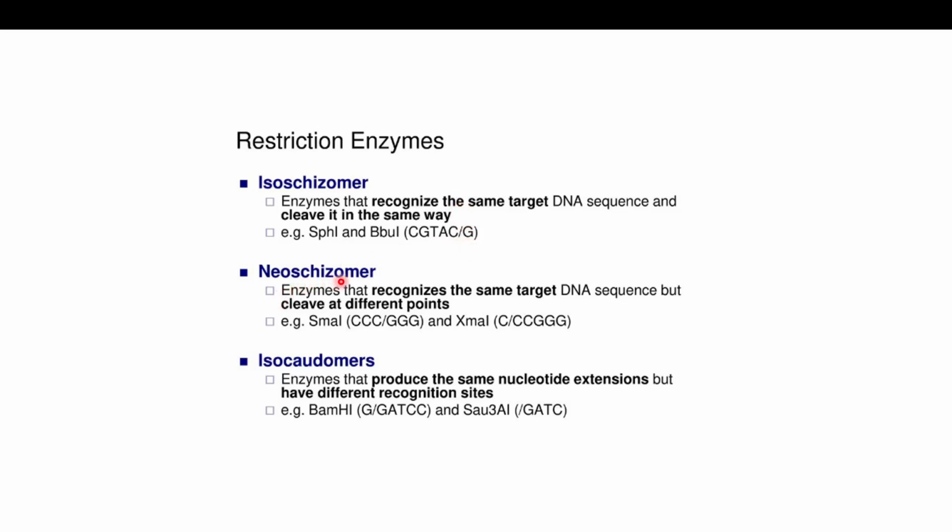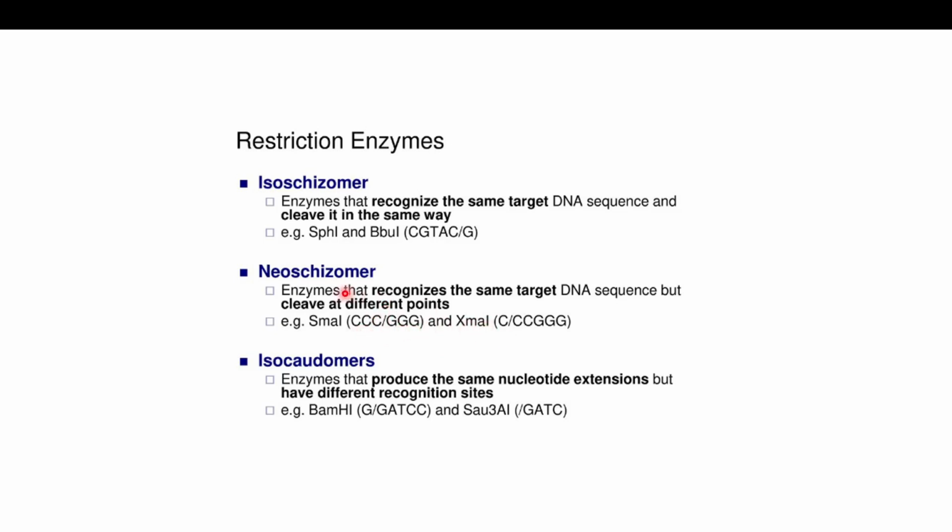Then there are neoschizomers, which are enzymes that recognize the same target nucleotide sequence. However, they actually cut at different sites. Like SmaI cuts between C and G exactly at the middle, generating blunt ends, which we saw earlier in the previous slide.